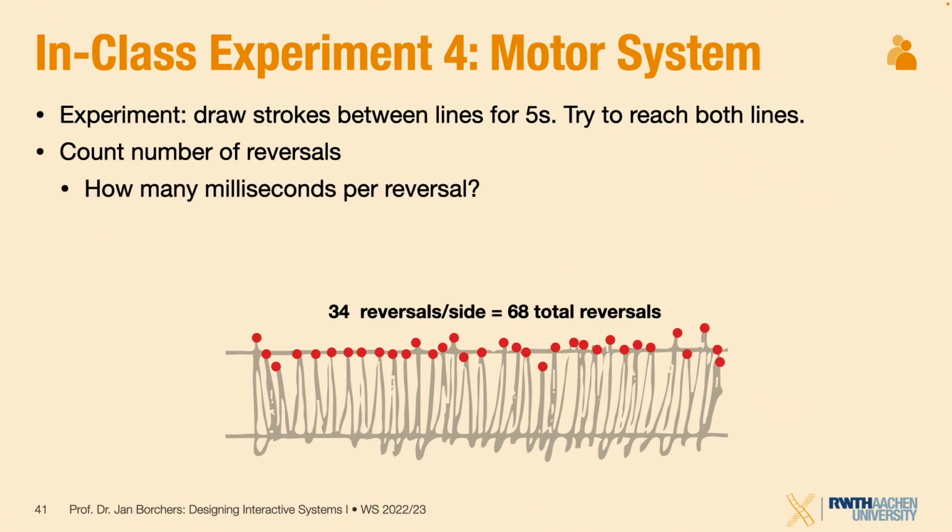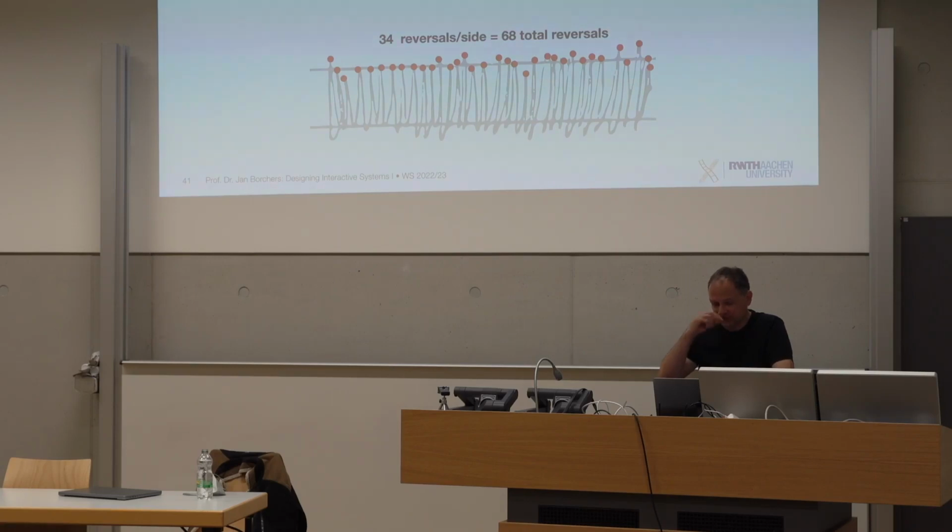If that's the case, then you can actually figure out how many milliseconds you used for each reversal, right? You just basically take your 5 seconds and you divide them by the total number of reversals that you did.